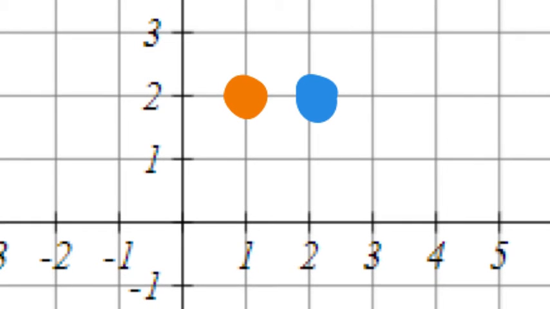Let me see how I want to word this. That is where the tip should be. Okay, so you see how down here at the bottom the orange point has an X value that's 1. The blue point has an X value that's 2. So the tip has to be right here in the middle at 1.5. Okay, 1.5. Somewhere in there.